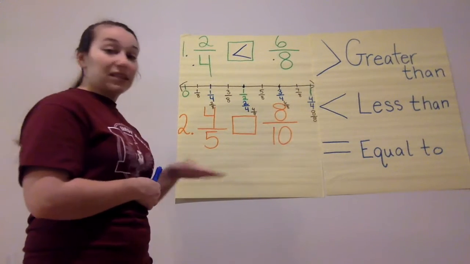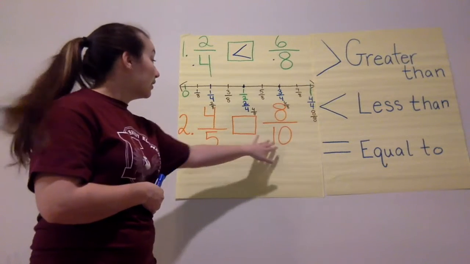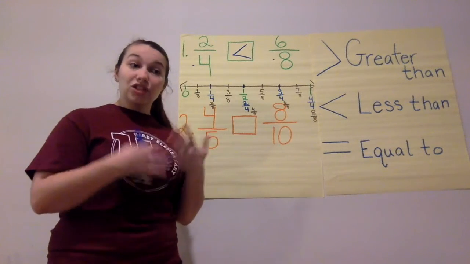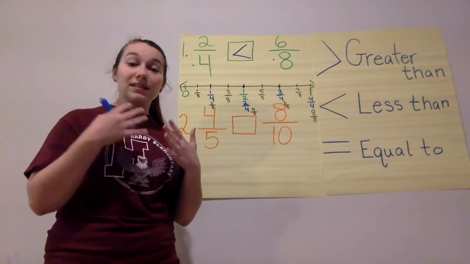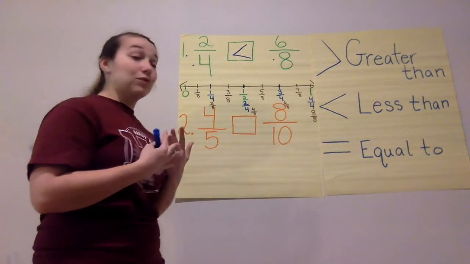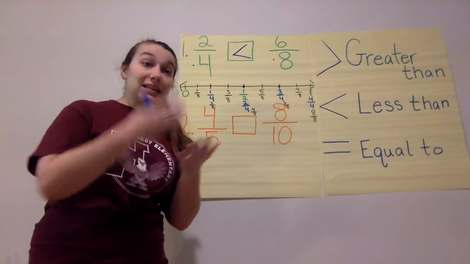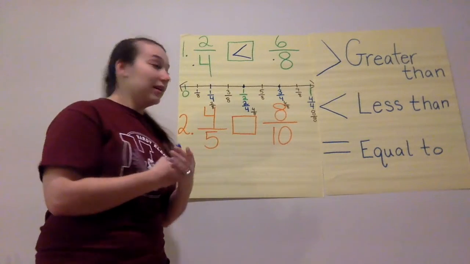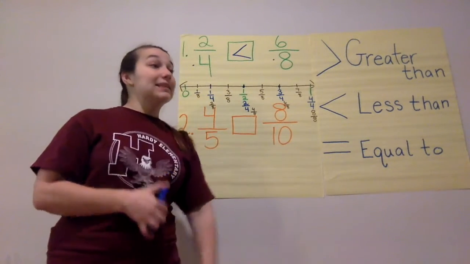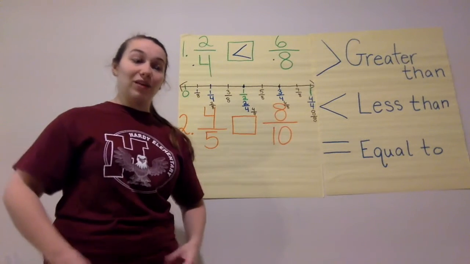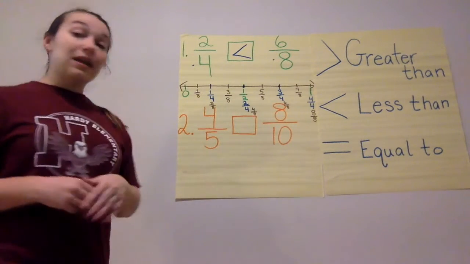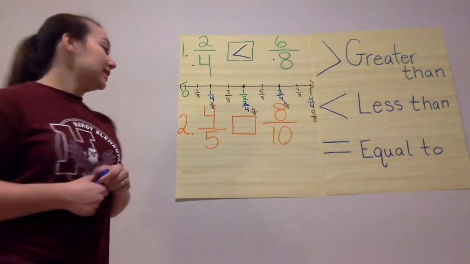So our denominators here are going to be 5 and 10. So if we're looking for the least common denominator, that means when we're counting by 5s and counting by 10s, it is the smallest number that both 5 and 10 have in common, okay? So that is going to be the first way we do it.